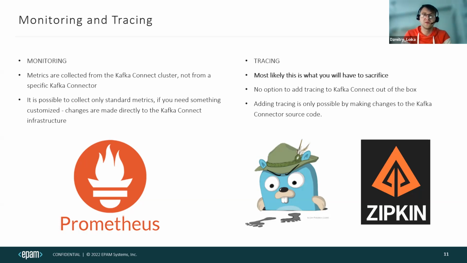As for how we implemented it, we developed our connectors from scratch, prepared some templates which included all needed places for tracing, and after that, using this template, we built different kinds of connectors.